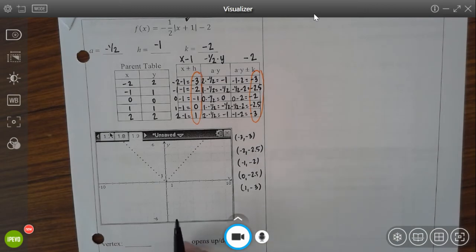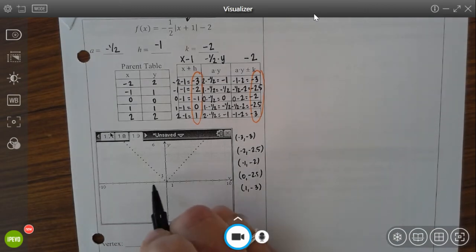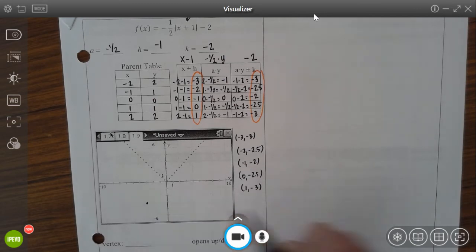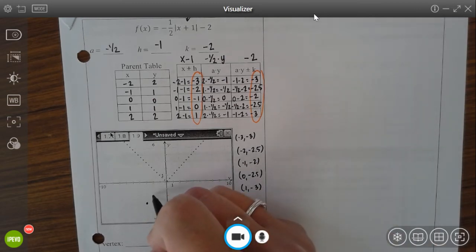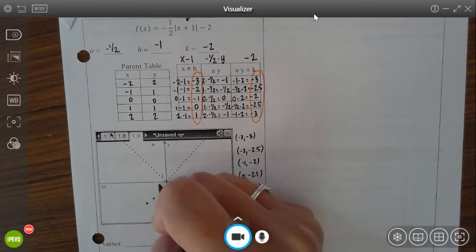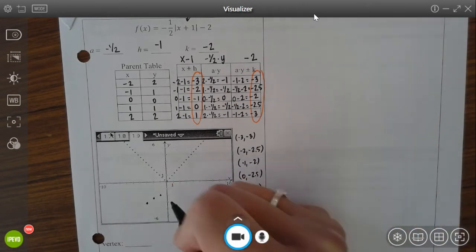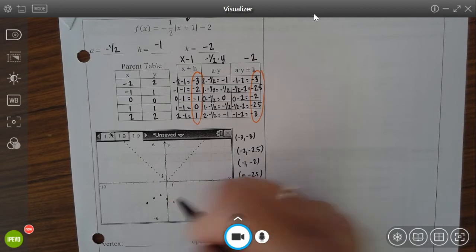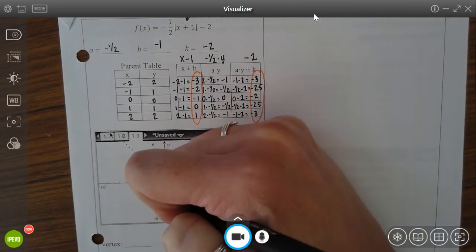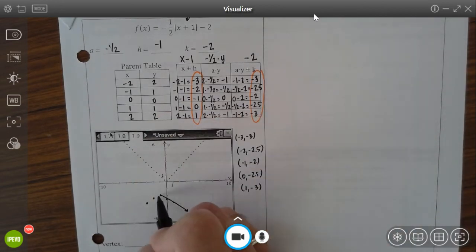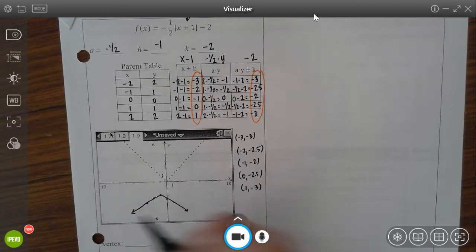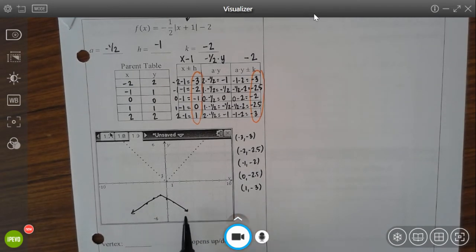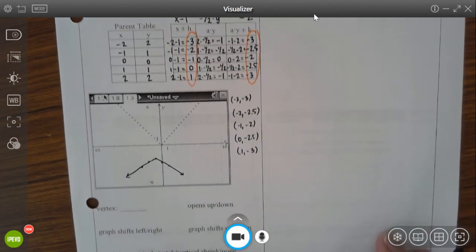And I'm going to go ahead and graph these on my coordinate plane. 1, 2, 3. The branch is a little bit off there, but this is what your graph should basically look like. And again, don't forget to put the little arrows at the ends of your arms or your branches.